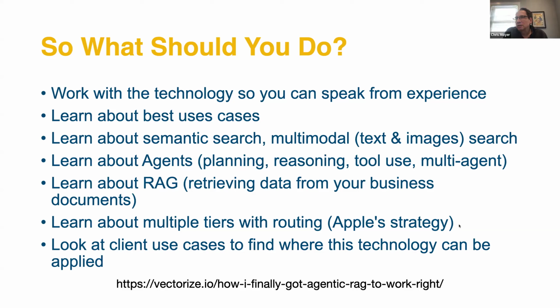And then, more esoteric is stuff like having multiple tiers. Apple Intelligence, whoops, let me go back there. Apple Intelligence has a strategy that a simple request will first be routed to an LLM on the iPhone or iOS device, or on your laptop even. If it's beyond its capabilities, it will route it up to Apple's cloud service. And if it's too much for that to handle, then it'll send it on to OpenAI. So they have this tiered thing where the highest tier actually costs money, but the lowest tier is free.